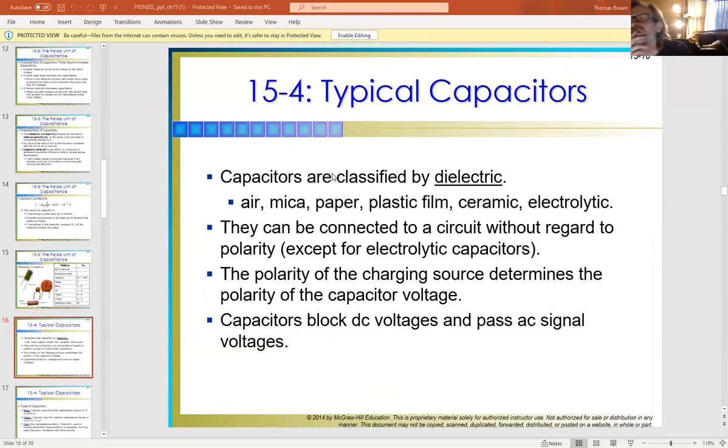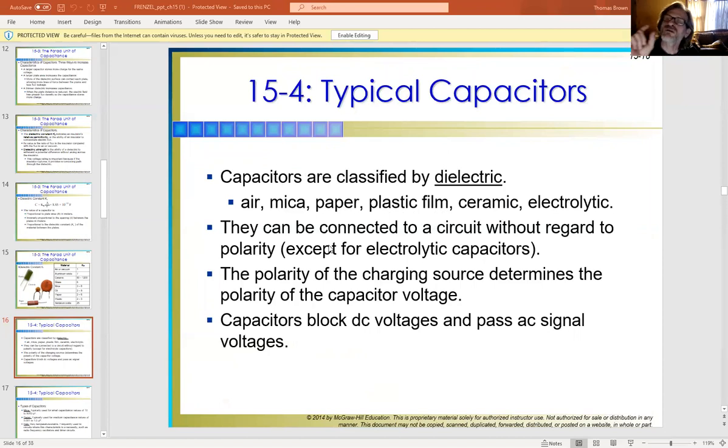So really that's what chapter 15 is looking at: how do we rate these things? What kind of materials are they made out of? It's good to know these styles are made out of that. They all pretty much work the same. The only ones that are polarity dependent are the electrolytic styles.